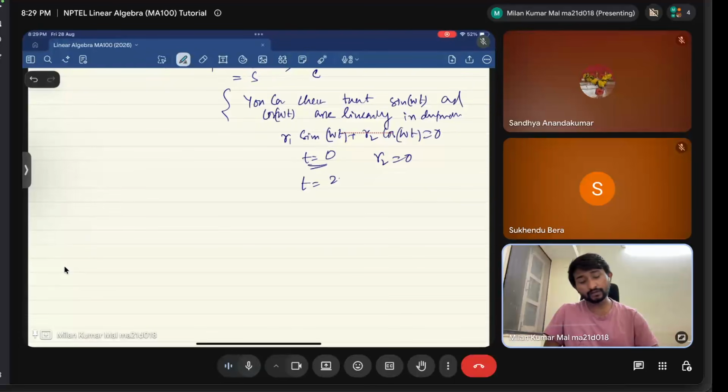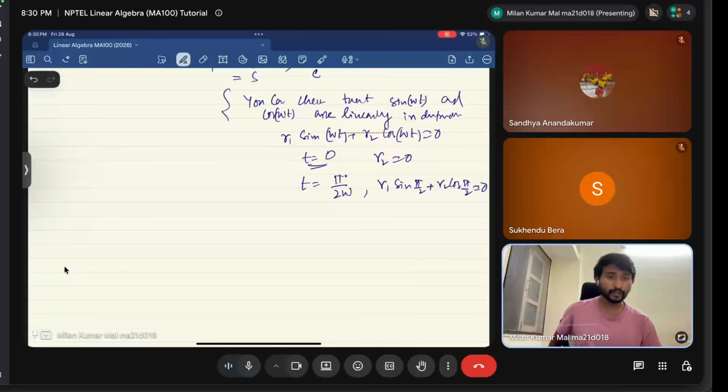If I take t equals pi by 2w, where sine becomes 1 but cos becomes 0, and w is non-zero so I can write that, then I get gamma 1 sin pi by 2 plus gamma 2 cos pi by 2 equals 0.